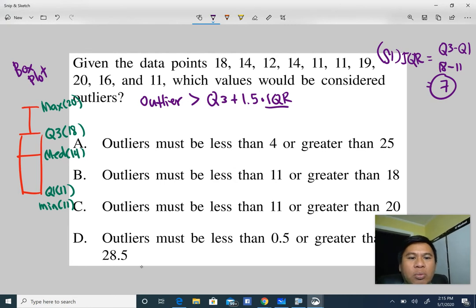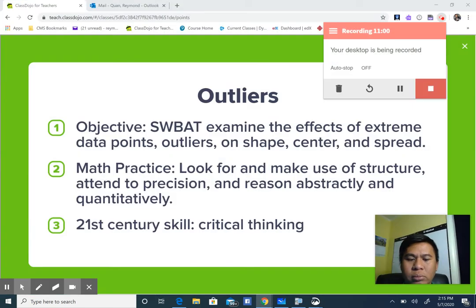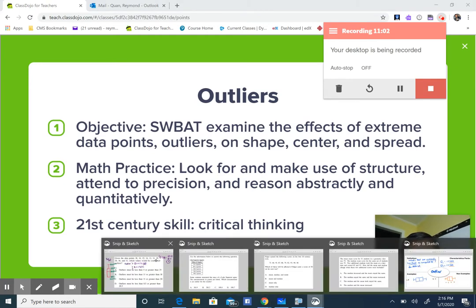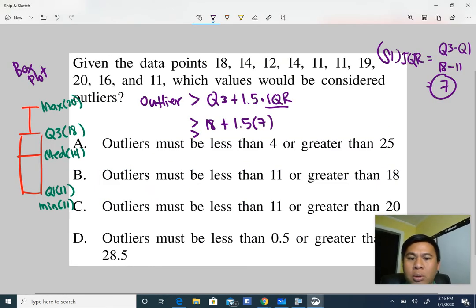So that should be greater than Q3, which is 18, plus 1.5 times 7, which I got to be 28.5. So the outlier must be more than 28.5.